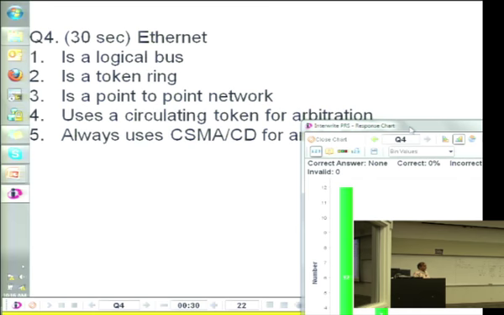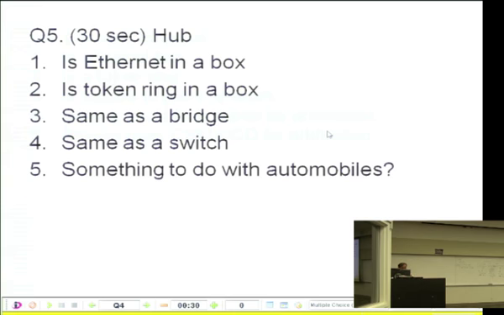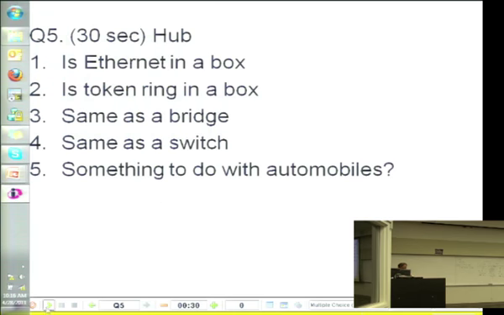Only one can transmit at a time. Okay? Just to see if you are all awake.